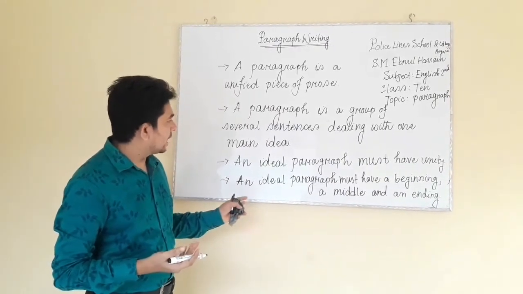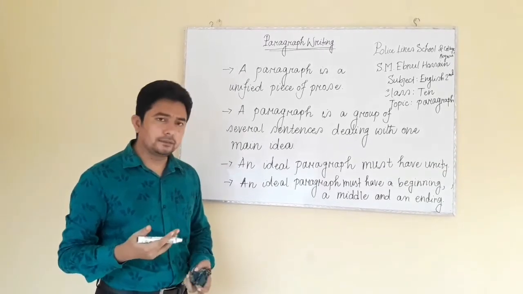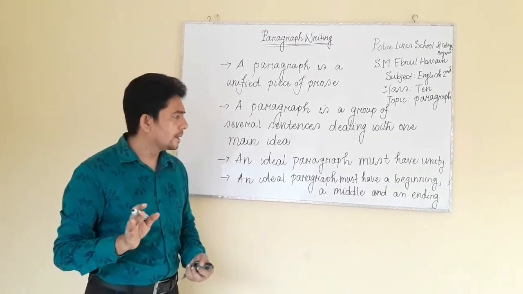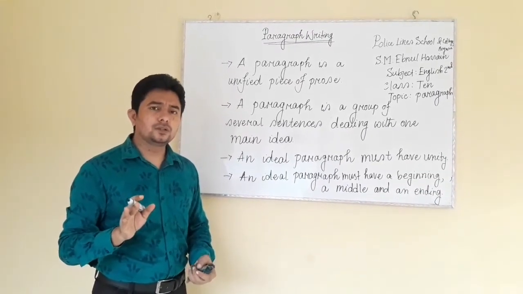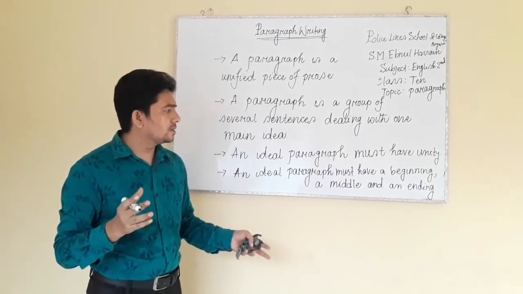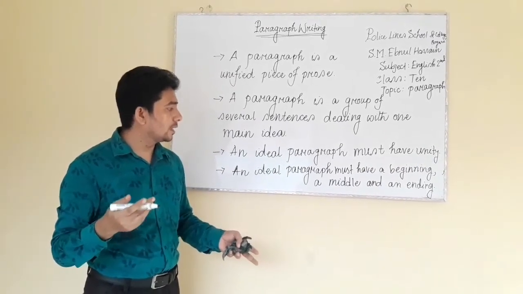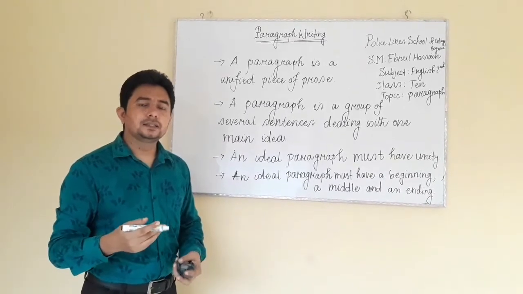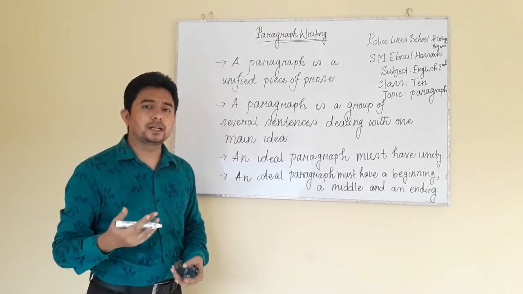An ideal paragraph must have three parts, and these are very important: a beginning, which we call a topic sentence, a developer or middle, and a terminator or ending. These three parts should be followed to develop an ideal paragraph.